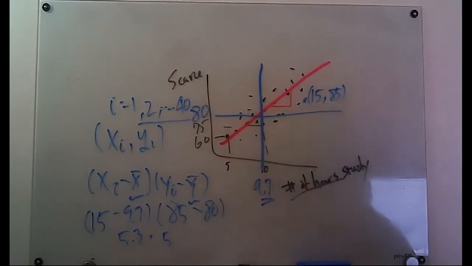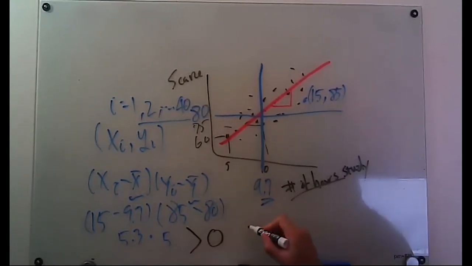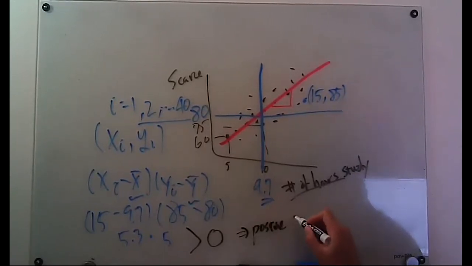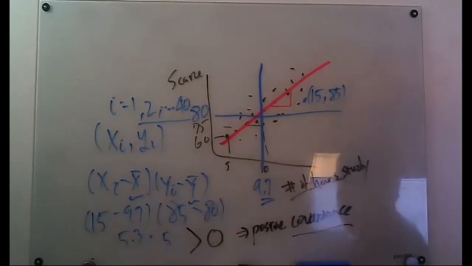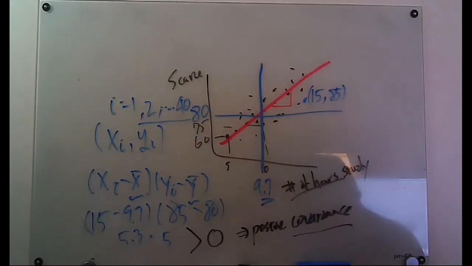You're getting a positive sign, which means it's a positive covariance. So basically this is how you get the covariance. You can calculate whether they have a positive covariance or negative covariance just using this.